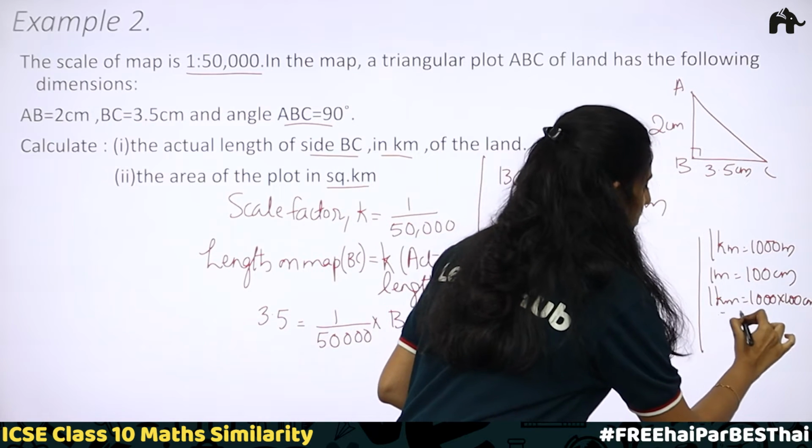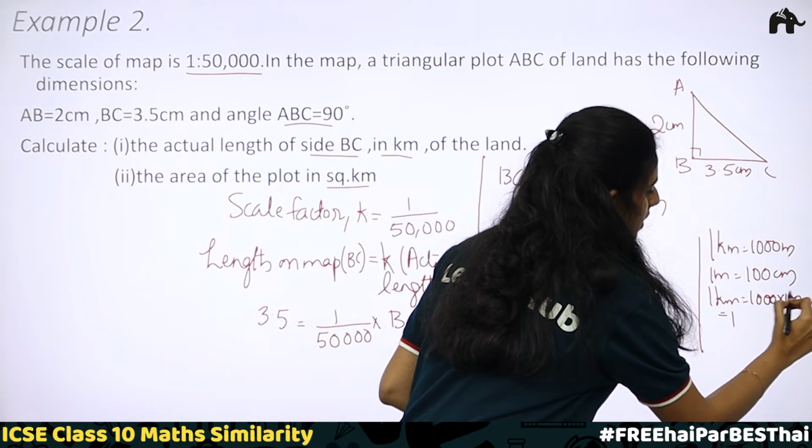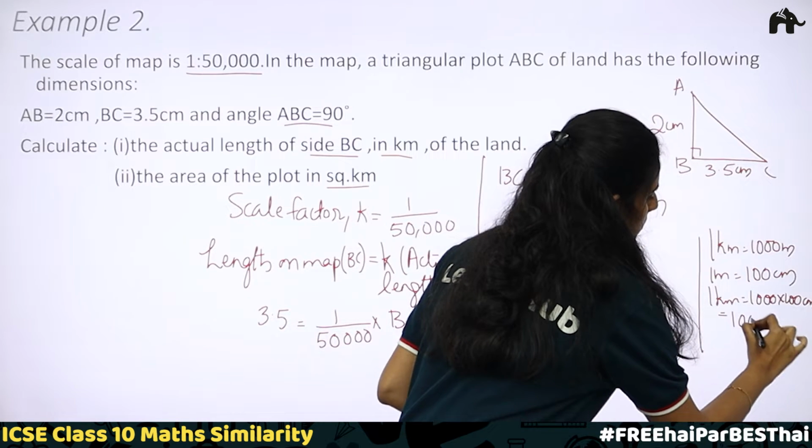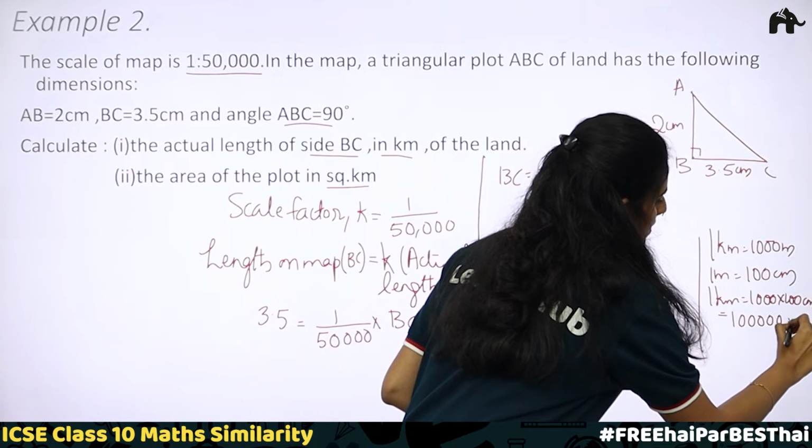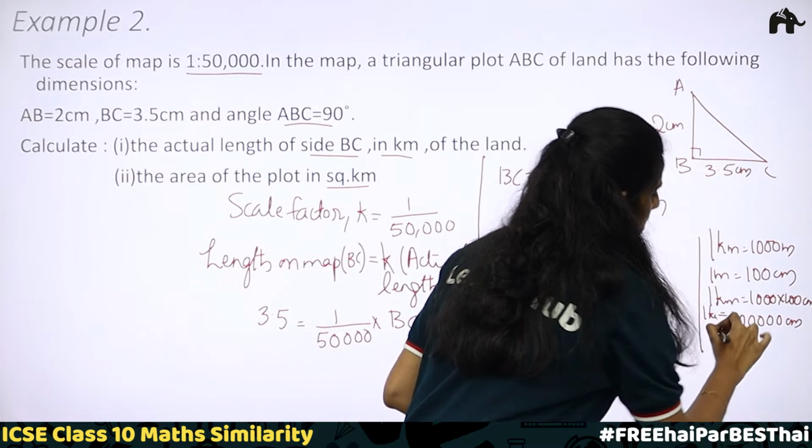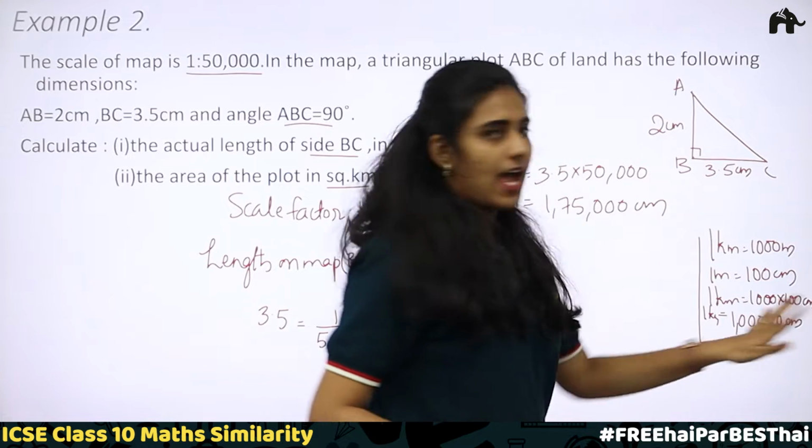How many zeros do we have? 1, 2, 3, 4, 5. 5 zeros. That is 1 kilometer is equal to 1 lakh centimeters.